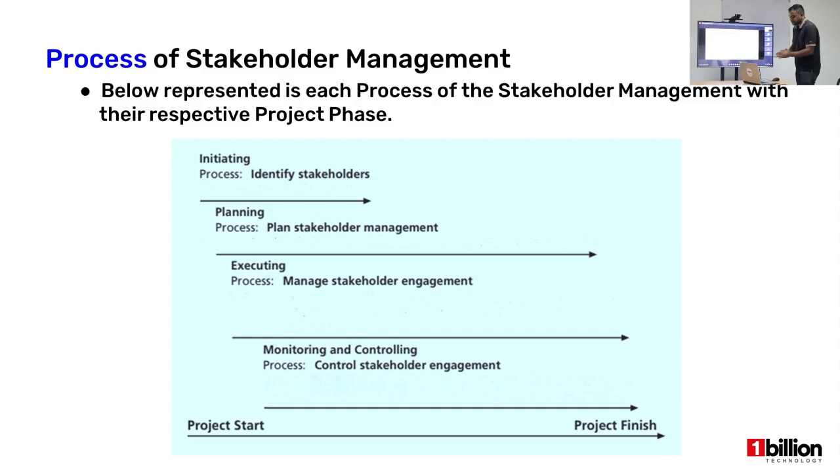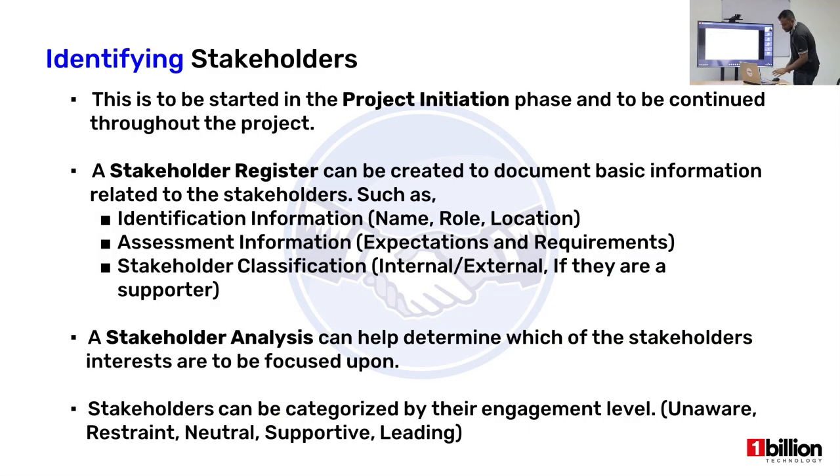All right. So next, we have an in-depth analysis of identifying stakeholders. As I mentioned just before in the previous slide, this is to be started in the project initiation phase and to be continued throughout the project. So you need to identify and keep identifying the stakeholders of your project. And then we develop a certain document called the stakeholder register.